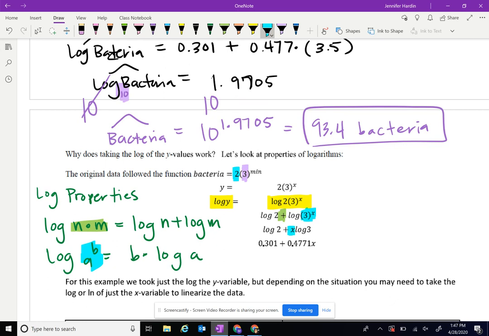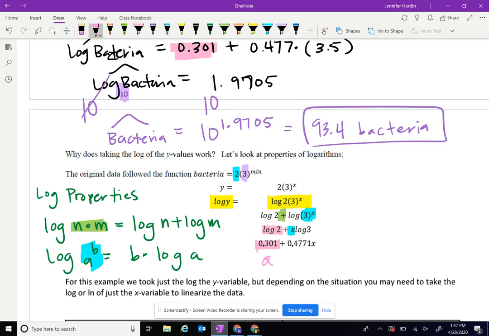So when we went through and calculated and got our a and b values, that's why these look familiar. The log of 2 is about 0.301. Well, 0.301 in our linear regression was the a value.